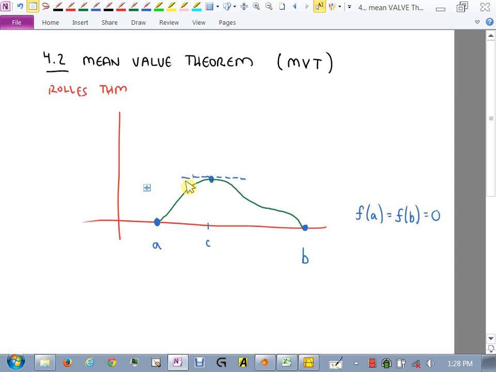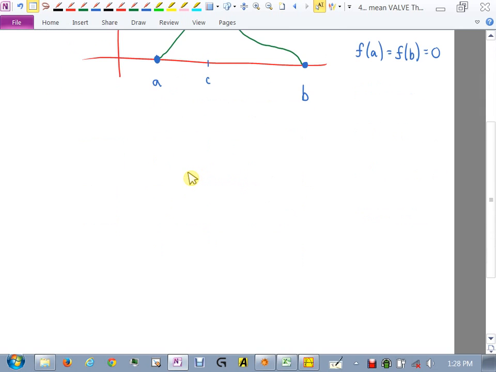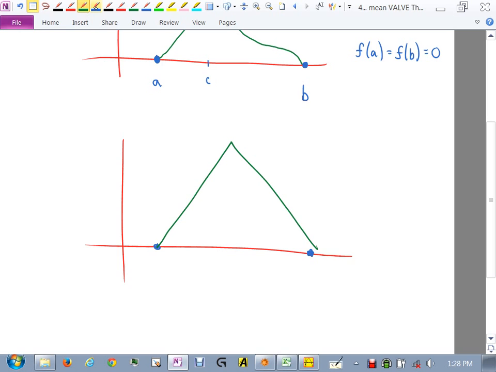Is there any way to draw this where that wouldn't happen? A corner. Good. So what if I try and draw this? Here comes my function. Right? Okay.